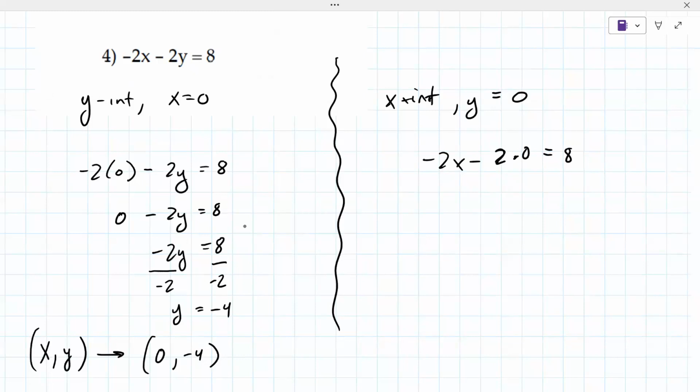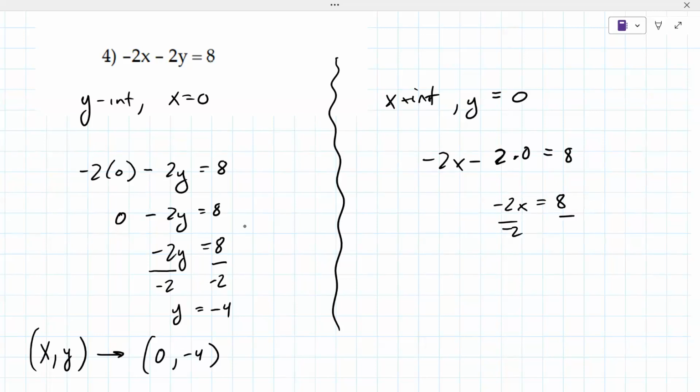Will you try to solve this for x, please? I'm just going to step away for a moment, but I'll be right back with you. All right, what did you come up with here for x? -4.